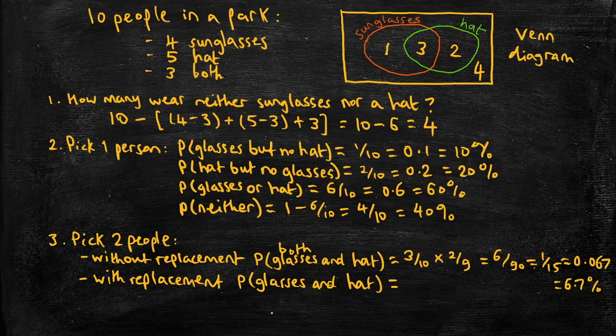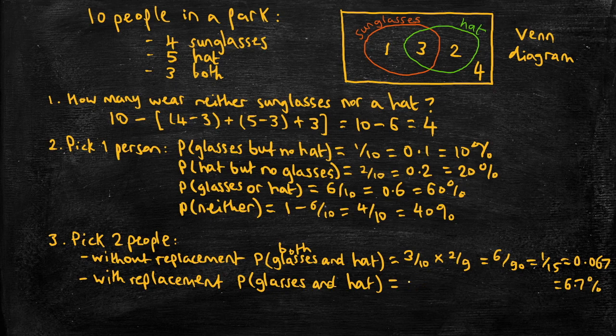And then finally, how about if instead of picking the 2 people without replacement, we pick them with replacement, which means we're going to pick the first person, and then we're going to put that person back into the pool of people we can pick from, and then pick again.